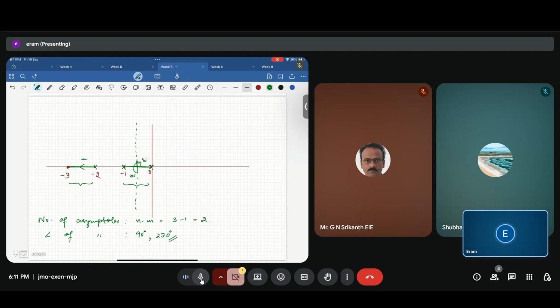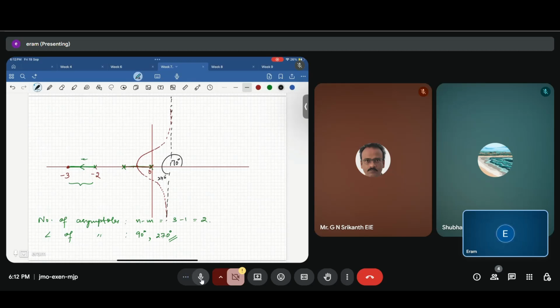So it can happen in the way that the branch will break out from here and go like that, and then further it will make an angle of 90 degrees and 270 degrees. Like this it can also happen. So this asymptote will make an angle of 90 degrees and this asymptote will make an angle of 270 degrees.